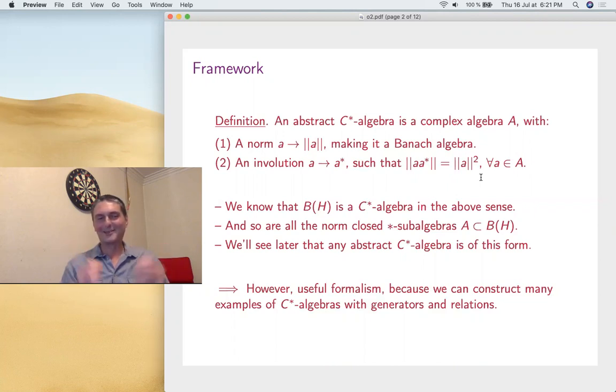This covers all operator algebras, but we gain something, because with this definition you can construct many examples of C-star algebras just with generators and relations. You cannot do that if you have a Hilbert space around. So it's better to do it like this.